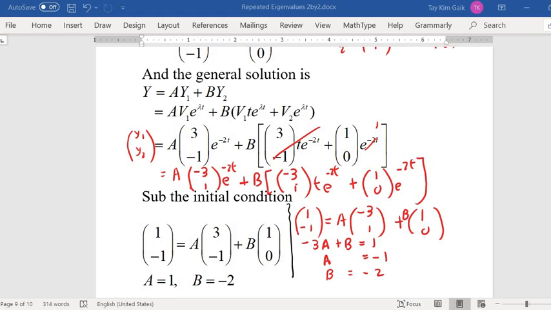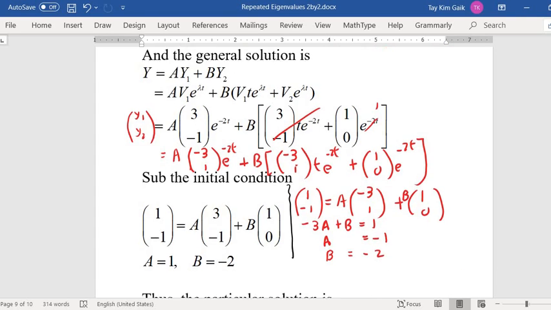So if you have this other variation, where your V1 is negative 3 and 1, your A and B values are different.